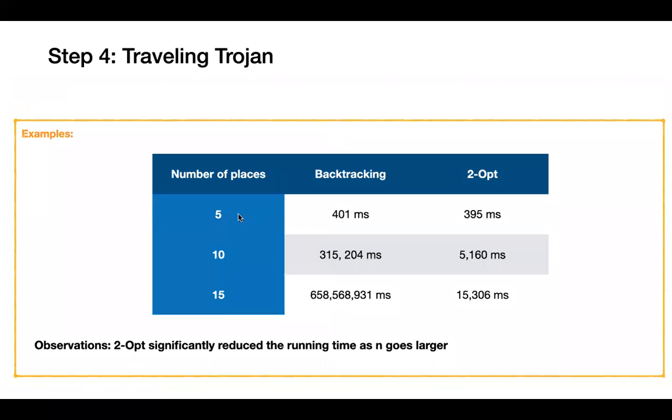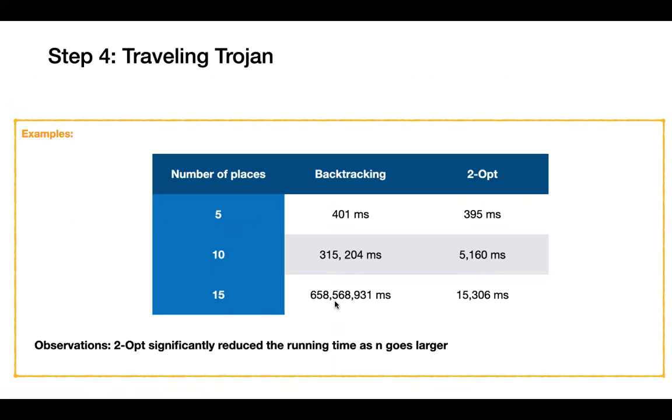When we increase the number of places, if we take 5 places, the time of the 2 algorithms is similar. But if we take 10, we find that backtracking takes about 1,000 times more, while 2OPT gives only about a 10-fold increase.